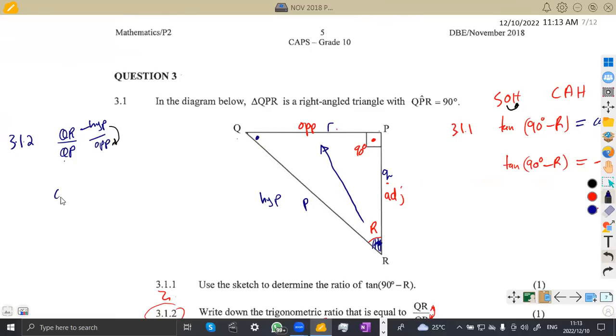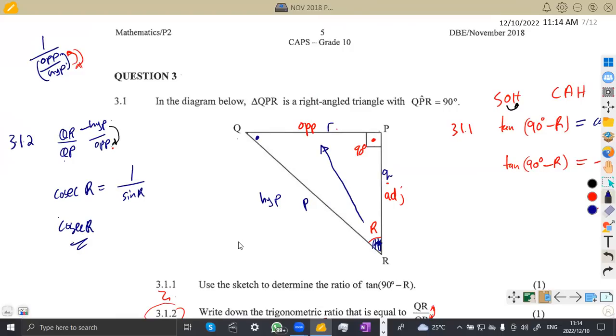Remember that cosec R is equivalent to 1 over sine R. What made us write hypotenuse over opposite was the inverse: it was 1 over (opposite over hypotenuse), of which opposite over hypotenuse is sine. The moment you introduce 1 over, it is the inverse, like what we did, guys. We simply invert these two, so that is hypotenuse over opposite. So 1 over sine R is cosec R, and that is the answer.